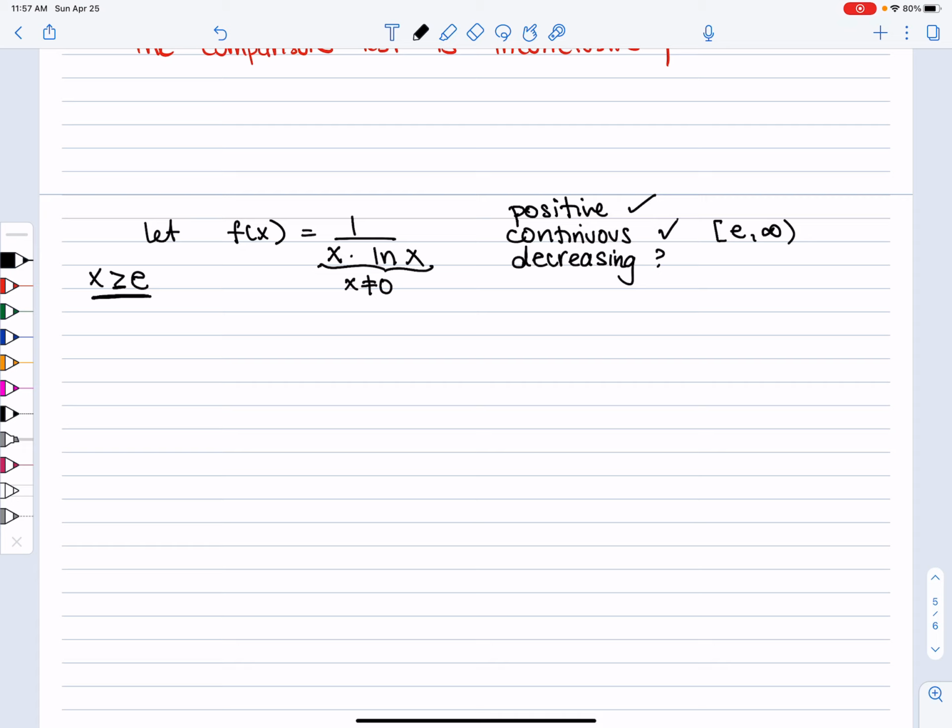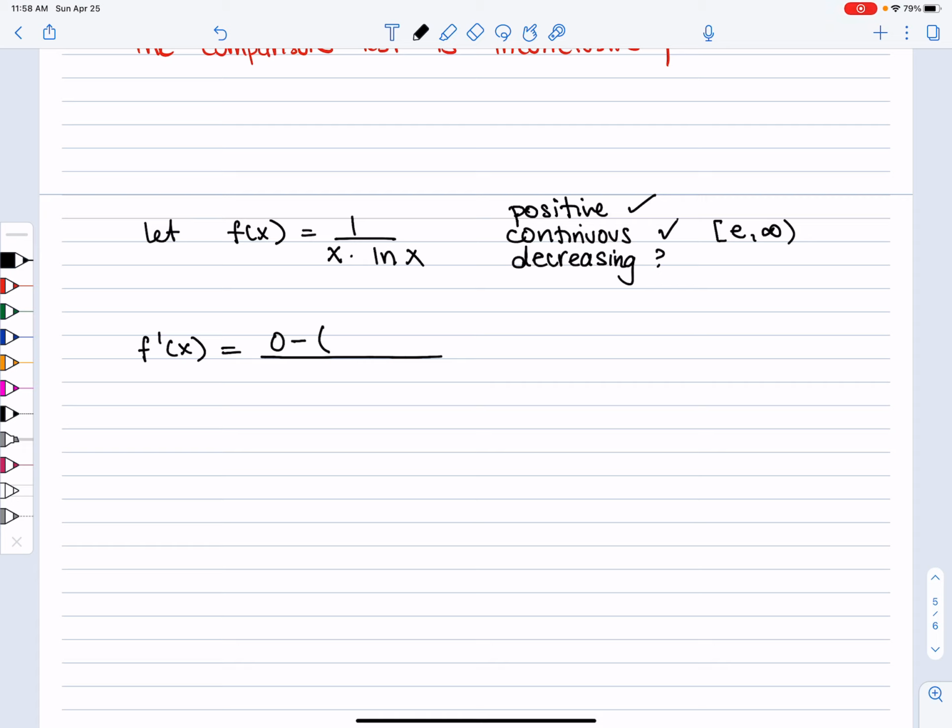And is it decreasing? Well, let's look at the first derivative. Let's say f prime of x is equal to, we're going to do the quotient rule. The derivative of the numerator is 0 minus the derivative of the denominator.